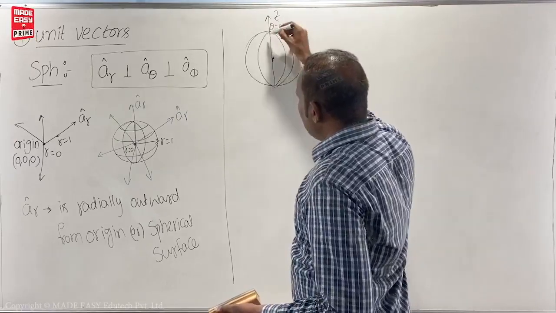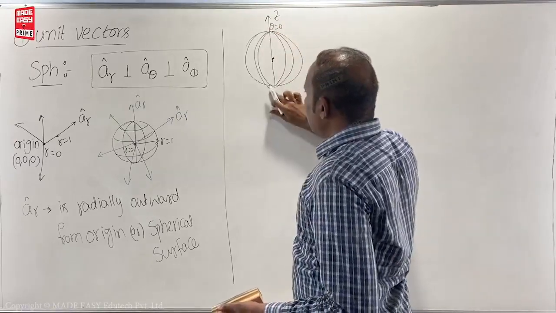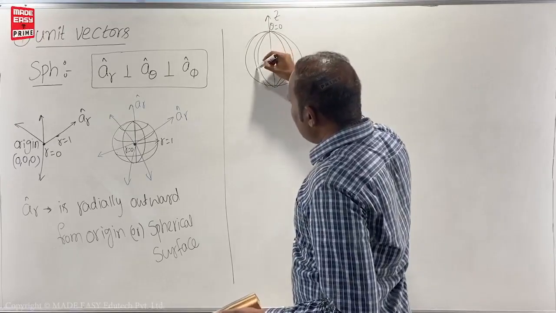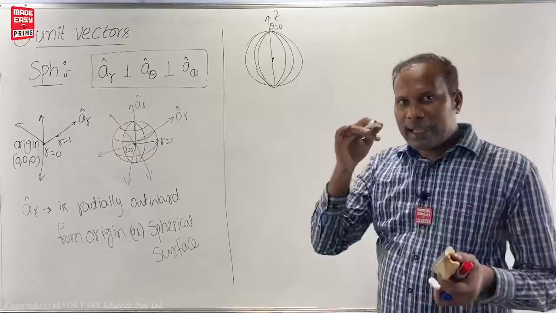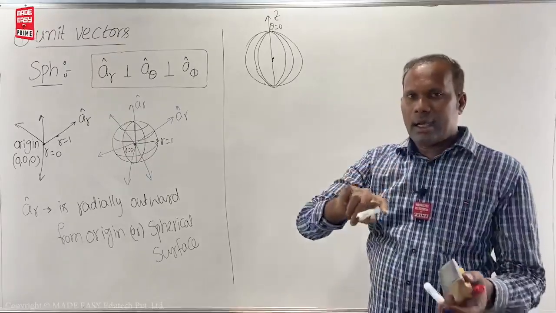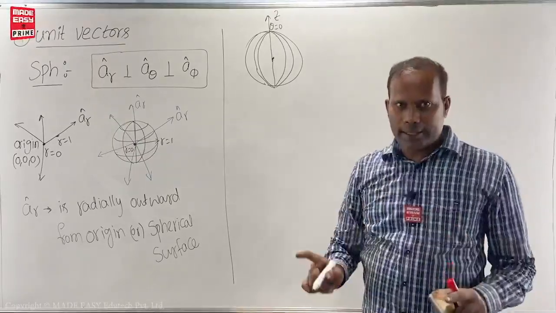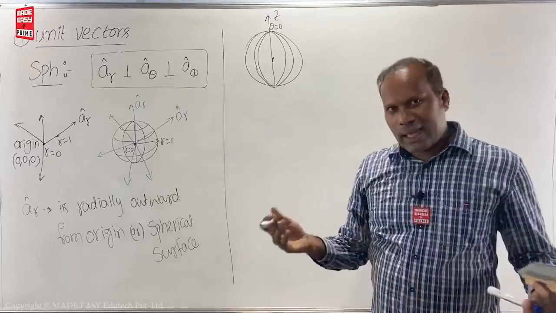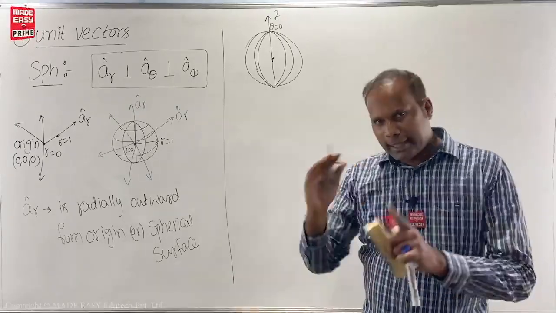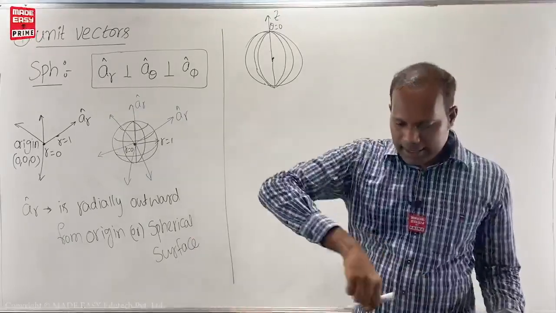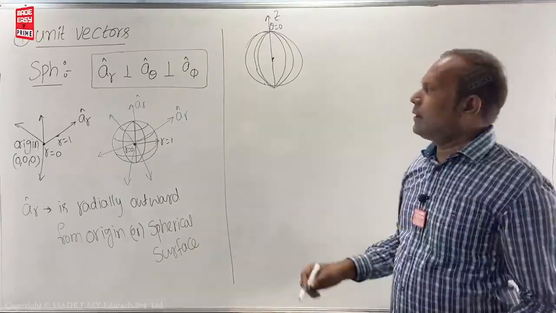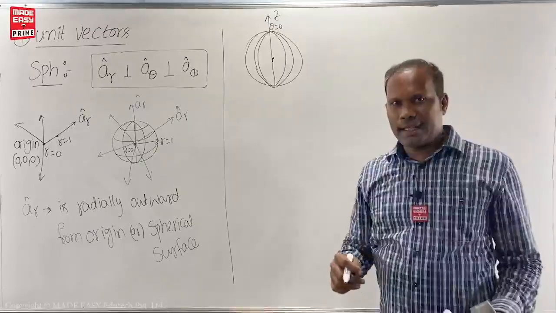Vertical angle, students, angle always gives a circle actually. Angle gives a circle. Vertical angle gives a vertical circle. Horizontal angle gives a horizontal circle. One thing is common. Angle gives a circle. Then horizontal angle gives a horizontal circle like this, and vertical angle gives a vertical circle.